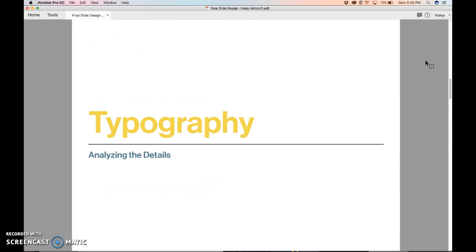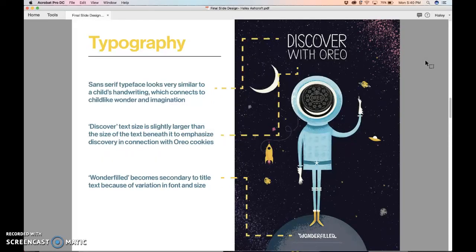Secondly, we'll look at typography. There isn't a whole lot of text on this ad, but if you take a look at the very top of the advertisement, Discover with Oreo is written in a sans serif typeface. It looks very similar to a child's handwriting because the edges are kind of curved. This connects to childlike wonder and imagination because it looks so similar. Discover is in a much larger text size than the rest of the text on the advertisement.